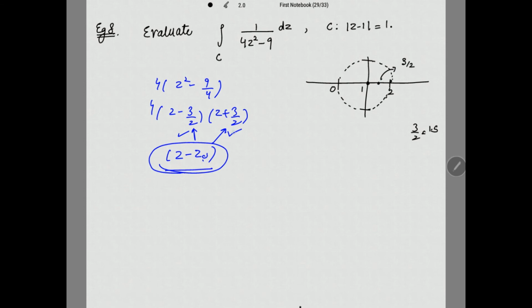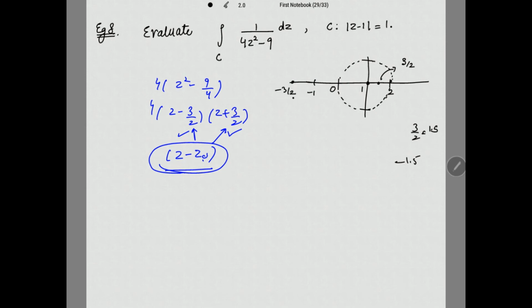Does minus 3 by 2 also lie inside the circle? This will be minus 1.5. But in our circle, all the points are positive because 0 is there. So minus 1.5 will be outside. The other point will be minus 1, then this point lies here, that is minus 3 by 2.